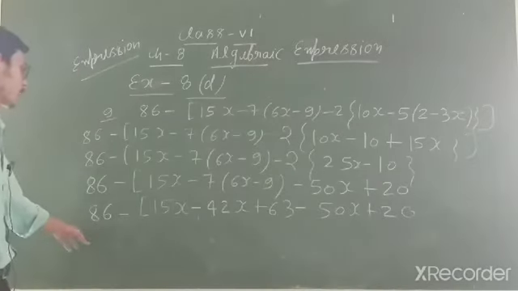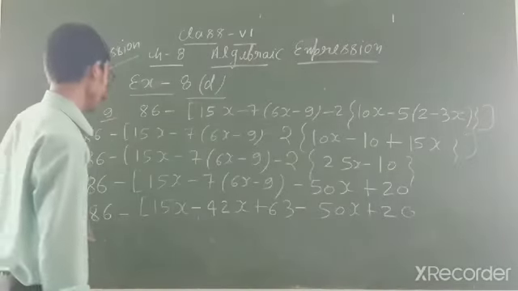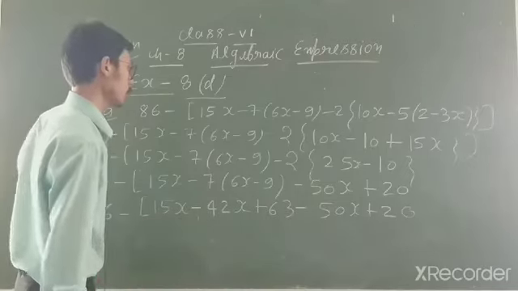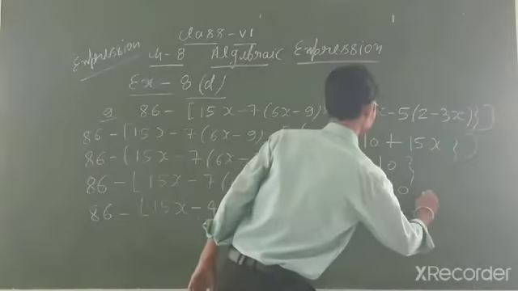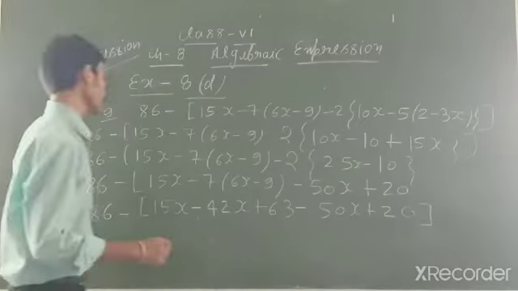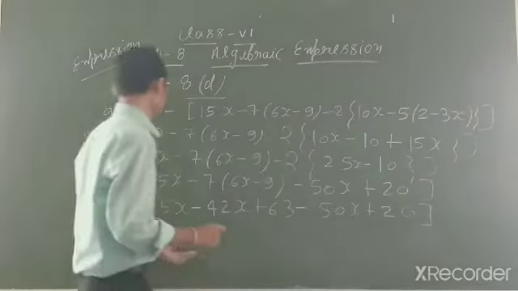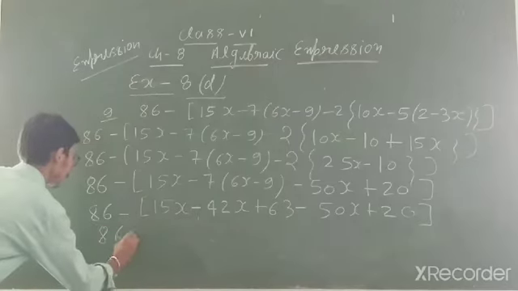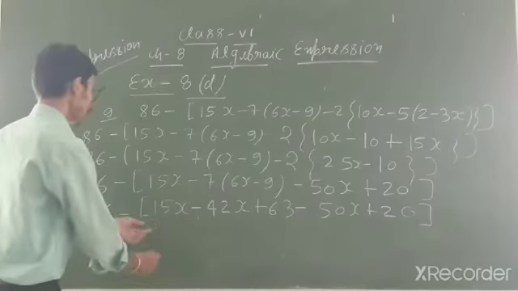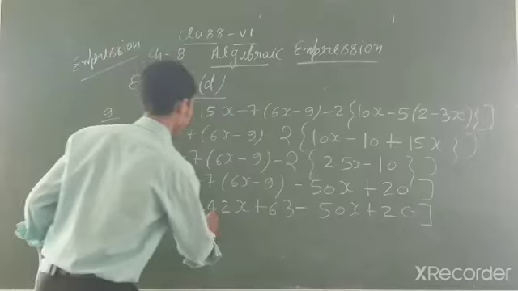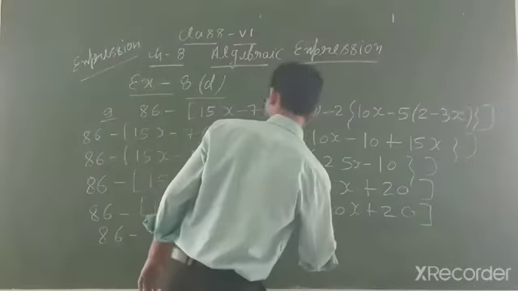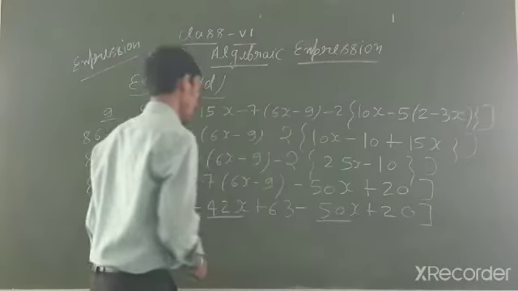Clear? Again you have to solve this bracket. So 86 minus, now solve this bracket. 15x is given, minus 42x is given, then minus 50x is given, plus 20.